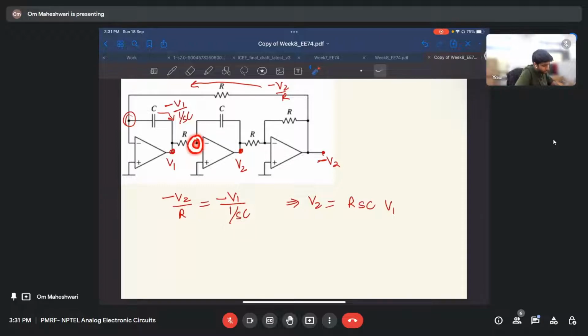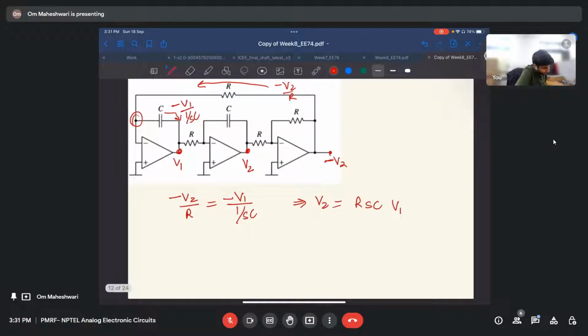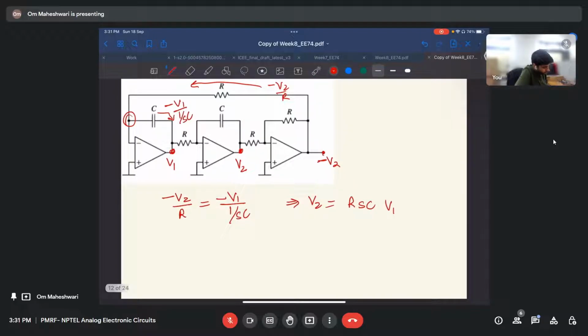Right. Now I will apply KCL at this node. Here the current will be V1 by R, and this current is minus V2 by 1 by SC. So V1 by R equals minus V2 by 1 by SC. This implies V1 equals minus RSC V2.